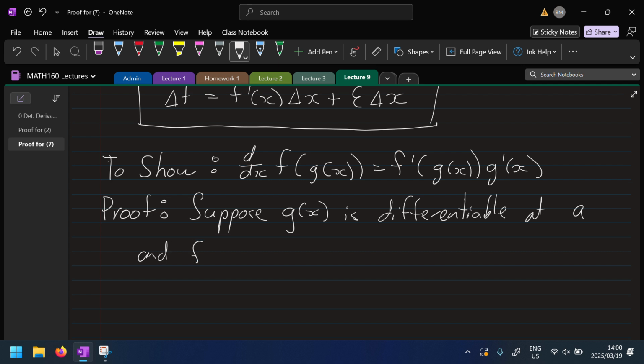And f of u is differentiable at g of a. I'm using f of u because x is being used already. So we've got this function g of x, differentiable at a. In other words, the limit exists for g at a. Next, f of u is differentiable at g of a, whatever that point might be.